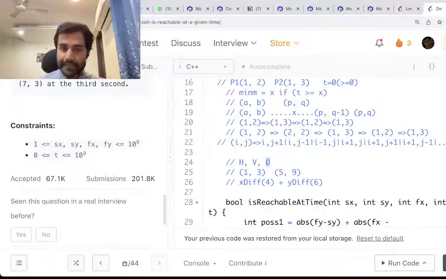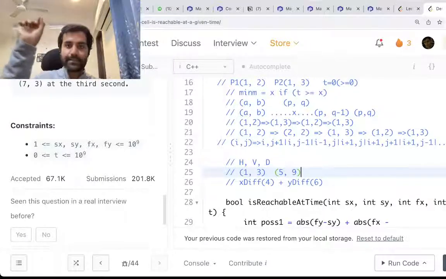You move diagonally as long as the x coordinate of both of them becomes equal. That is the first option. Or you move diagonally as long as the y coordinate of both of them becomes equal. These are the two options that you have, right? So you can imagine that if (1, 3) is here, (5, 9) will be somewhere here probably.